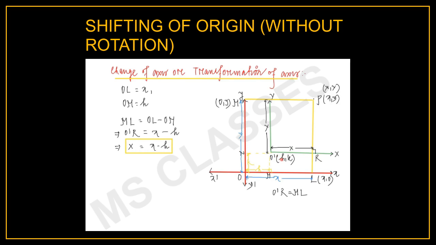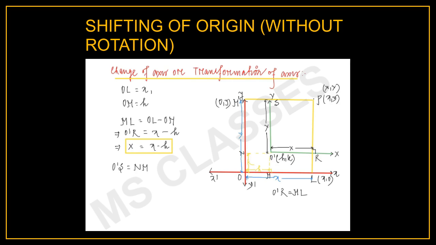Now similarly, this point we have taken as M, so we take this as M prime, because both cannot be M. Now if this point is M prime and this point is N, we can see this length and this length are exactly the same. We can mark this point as some S. So O prime S equals NM.